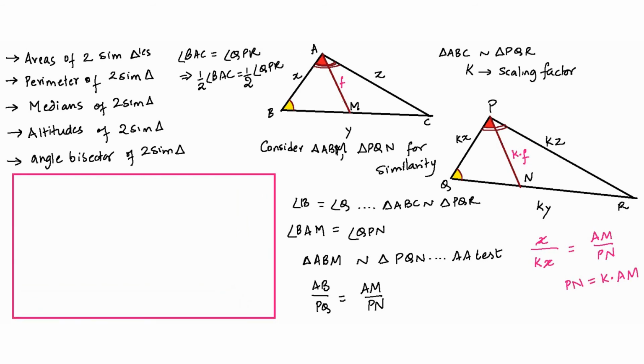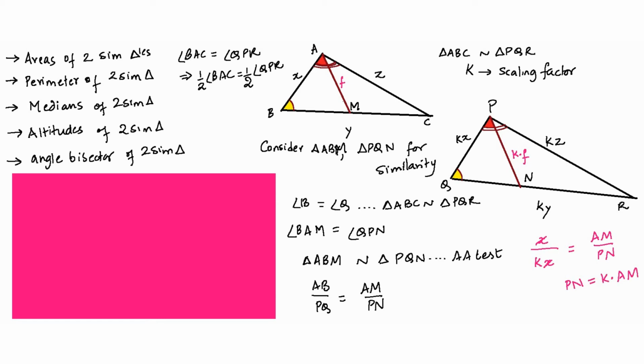We learned that if two triangles are similar with the scaling factor of K, then the ratio of the altitudes, that's h1 by h2, is equal to the ratio of their perimeters, which is p1 by p2.